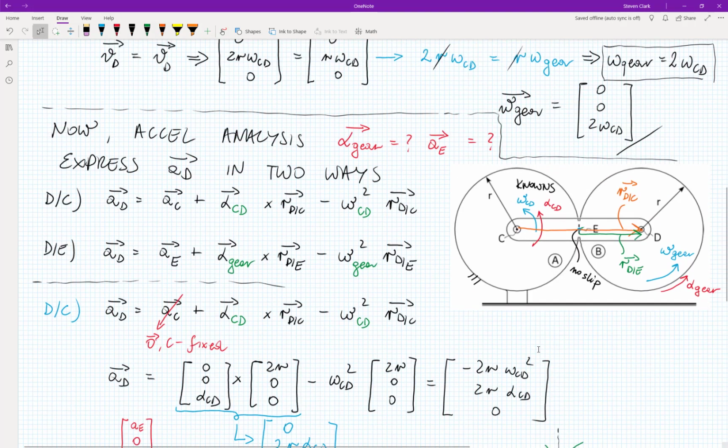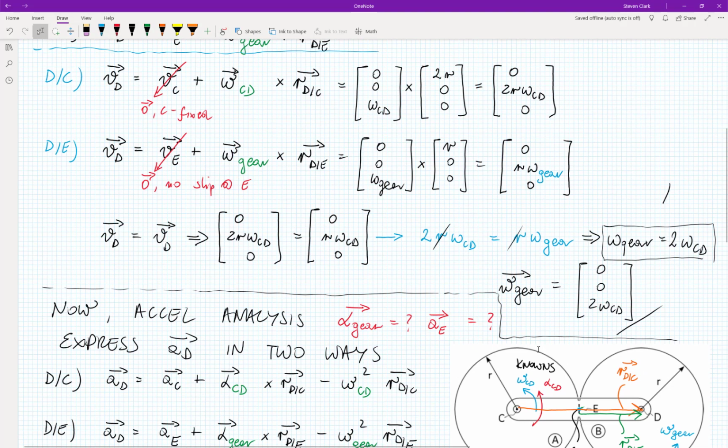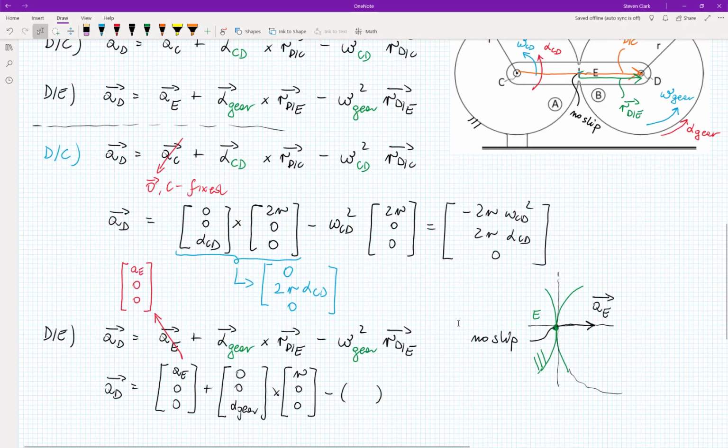Omega gear we found in the velocity analysis. Do you see, guys? Let me scrub the board. Omega gear is here. We calculated it. It equals 2 omega CD. 2 omega CD squared, R, 0, 0. So now you see why velocity analysis was needed and required before running acceleration analysis. We must know this value.